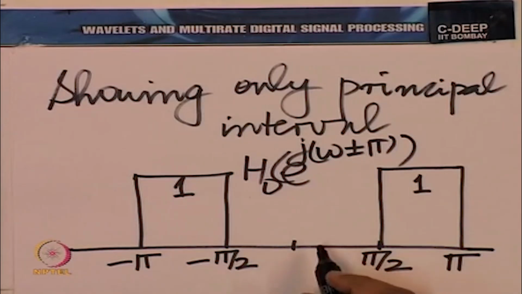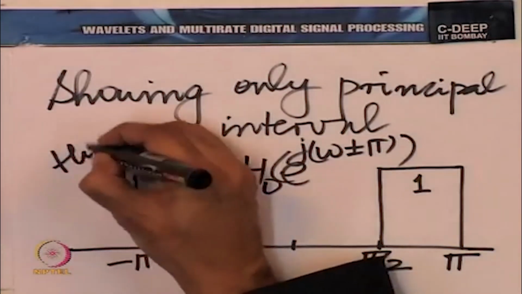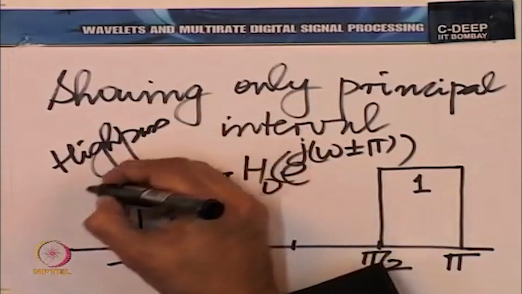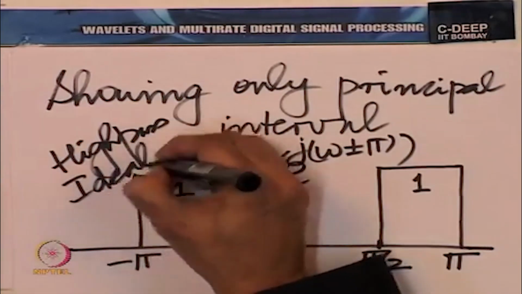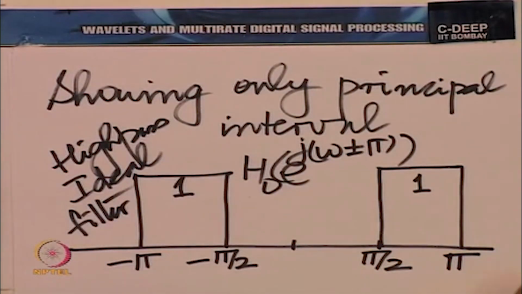Lo and behold, from a low pass filter with a cutoff of pi by 2, we have a high pass ideal filter, of course, again with a cutoff of pi by 2. So, this falls into place very well.